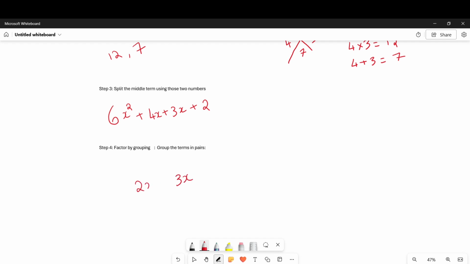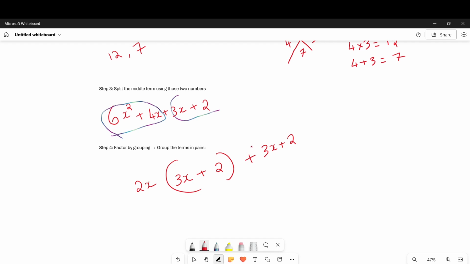Then what's left from the second term, since I got 2x from here, is 2. So the balance is 3x plus 2. Then again plus, I factor only this 2 first, and this 2 I keep separate here.